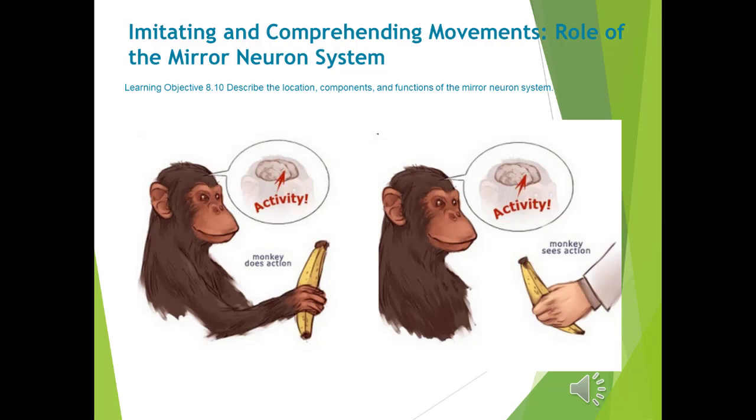They are, as you can imagine, a very exciting network of neurons that are located in the rostral part of the inferior parietal lobule and the ventral premotor area.